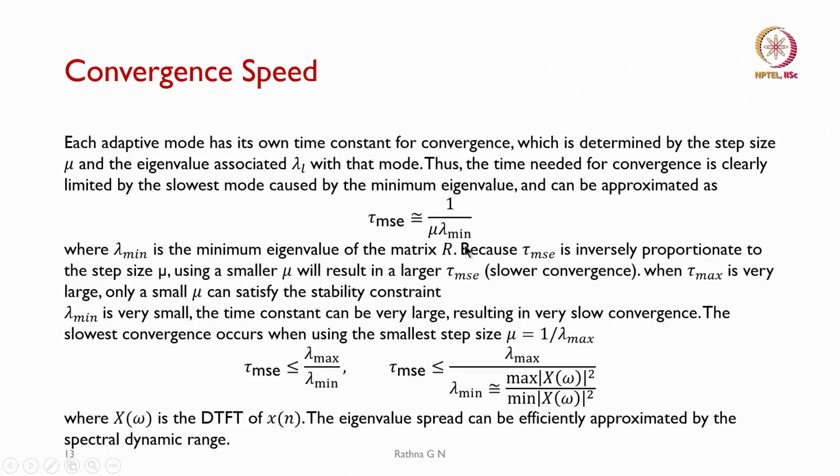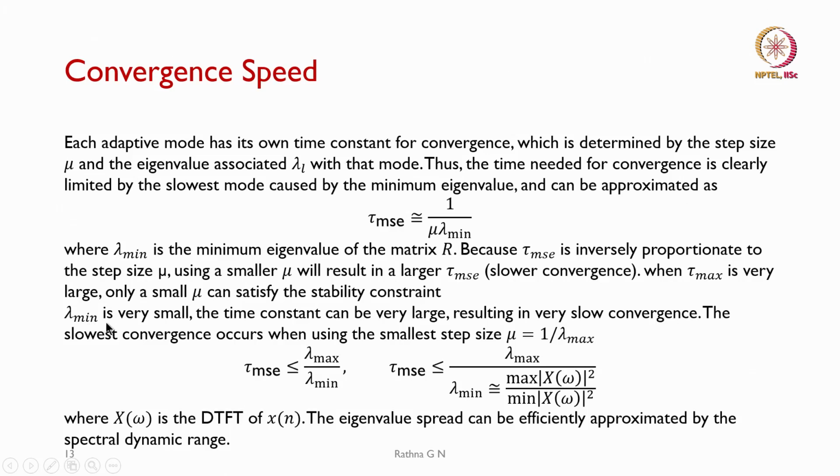If we choose lambda max, then we know that the time to compute this is going to be lesser. Because tau mean square error is inversely proportional to the step size mu, using a smaller mu will result in a larger time, that is slower convergence, and when tau max is very large, only a small mu can satisfy the stability constraint. So, these are the things one has to consider when selecting mu.